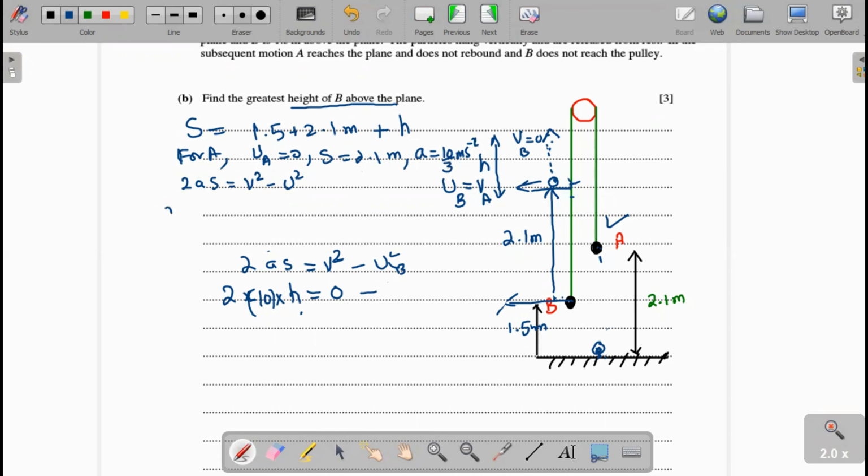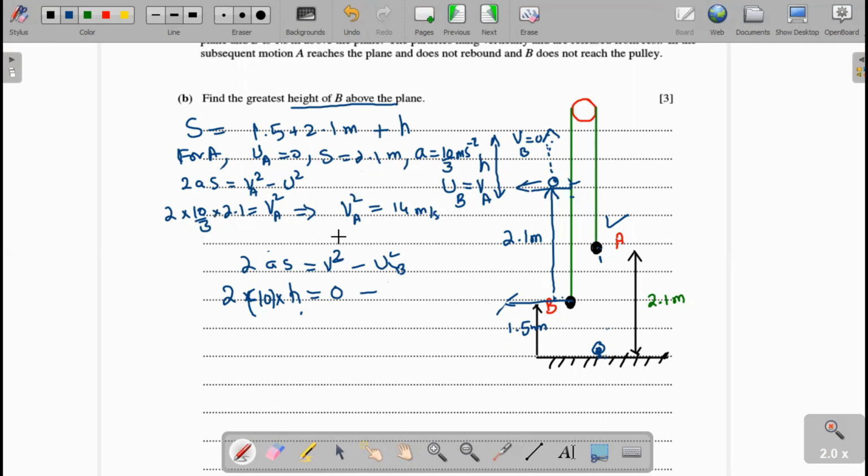Now we put this value: 2 into 10 over 3 into s, which is 2.1 meter, is equal to VA squared, because u is 0. Now when we simplify this, we get VA squared equal to 14 meter per second.